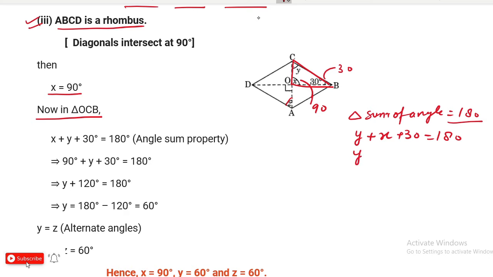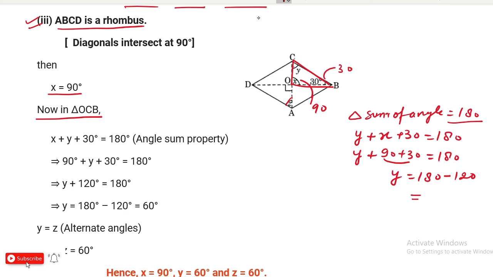Then y we have to find out. The value of x is 90, plus 30 is equal to 120. Then y is equal to 180 minus 120. Now we add 90 plus 30, that is 120, and we transfer this 120 to that side.